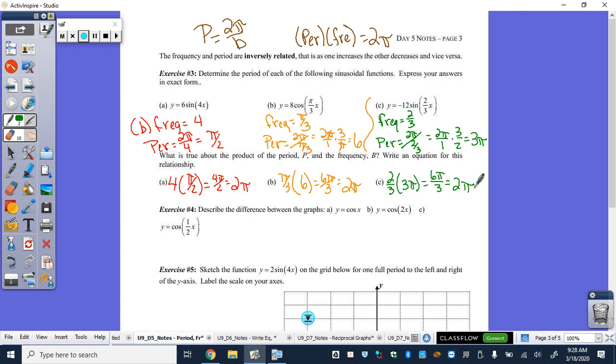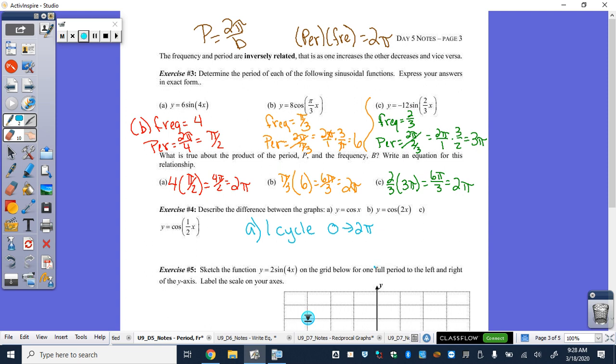Okay. 4, describe the differences between the graphs y equals cosine of x and y equals cosine of 2x. And our third one, 1/2 x. So, this one being our parent function, I'll say a over here, 1 cycle, 0 to 2 pi. Remember, that is our standard one.